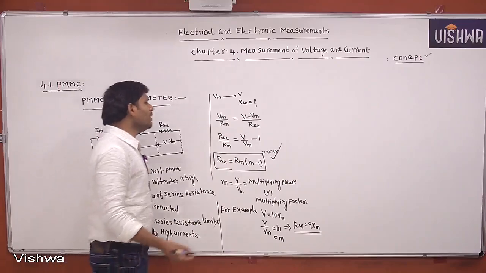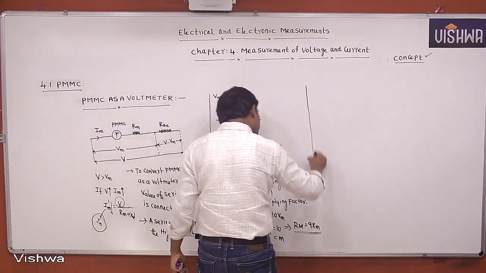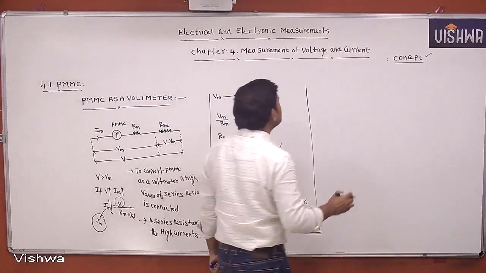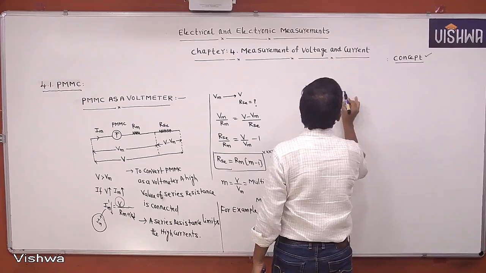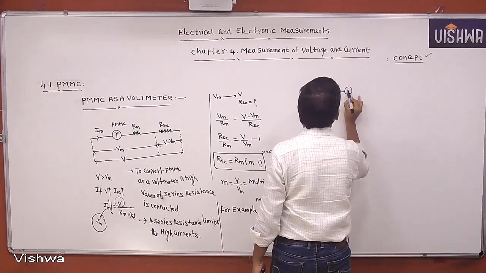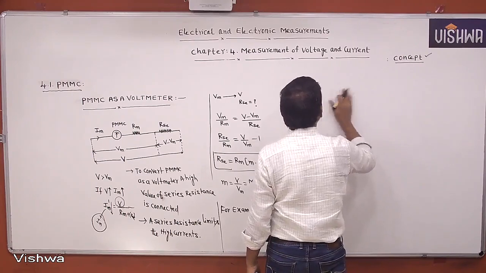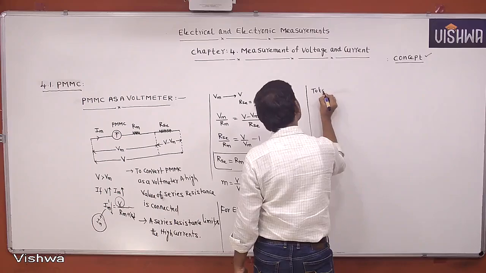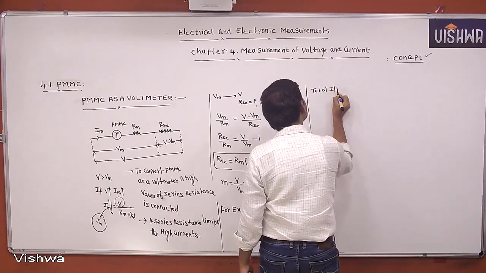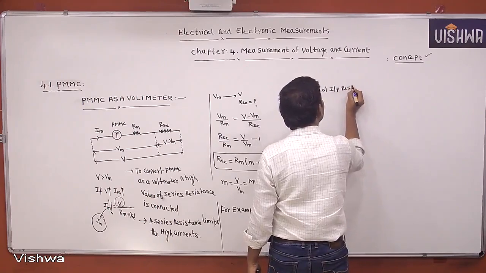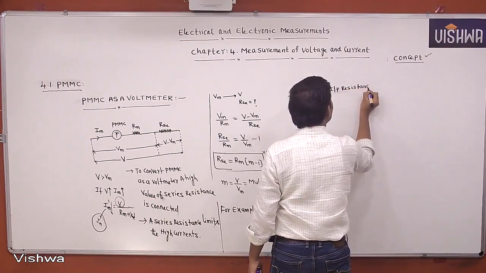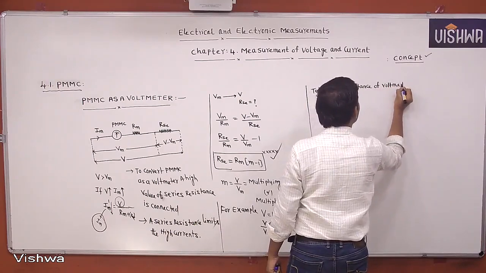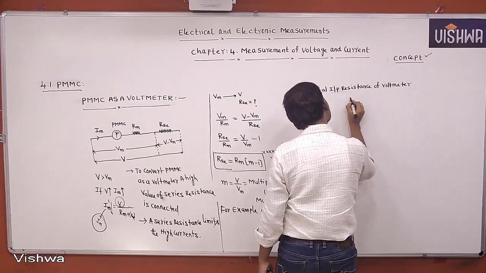But a point to remember: after converting PMMC as a voltmeter, the total input resistance of voltmeter. What is the total input resistance of voltmeter?